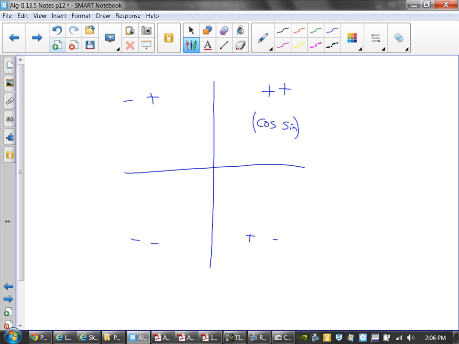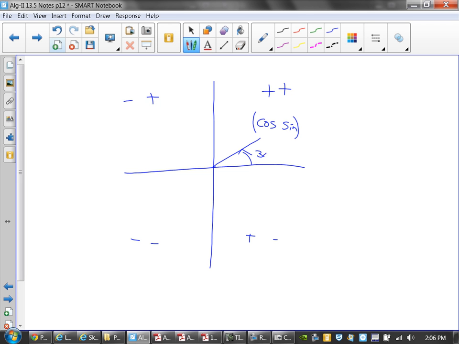So if you walk through the four quadrants the exact same way as you would have with the x's and y's, cosine is negative in the second quadrant while sine is positive. They're both negative in the third. Cosine is positive in the fourth, but sine is negative. What that means is the following.